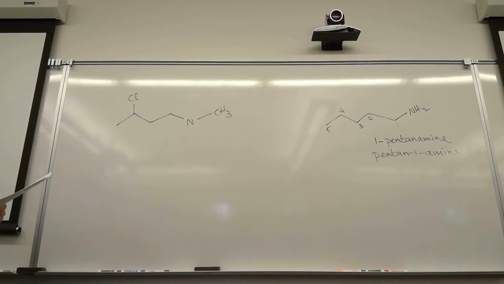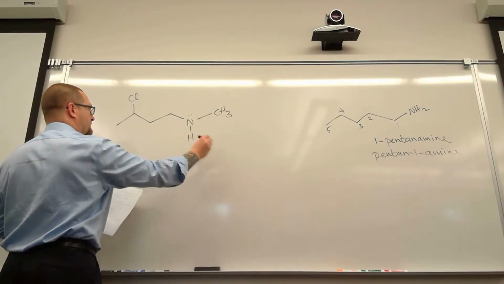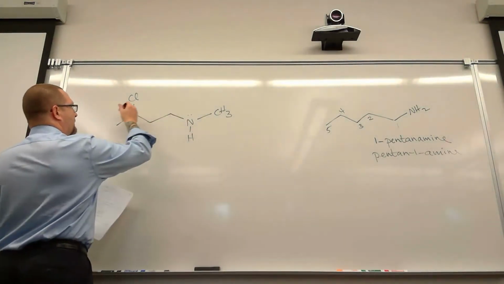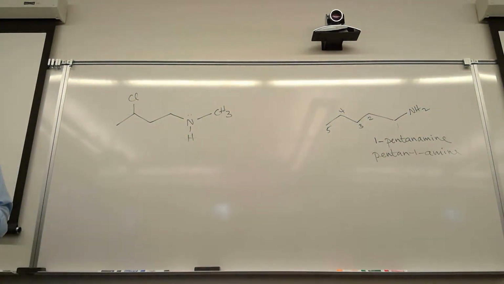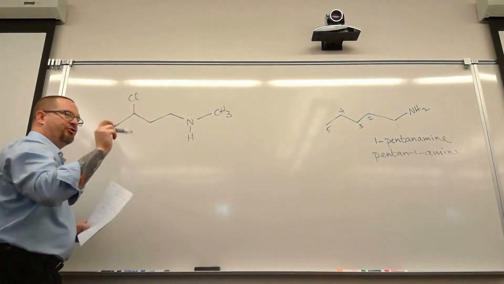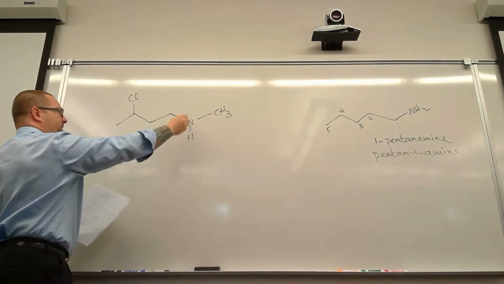The longest chain that contains the functional group is going to be the longest continuous carbon chain which contains the functional group. Because this nitrogen's in the middle, what you would see as the chain stops here.